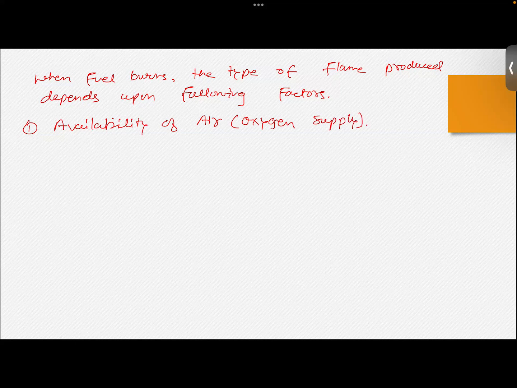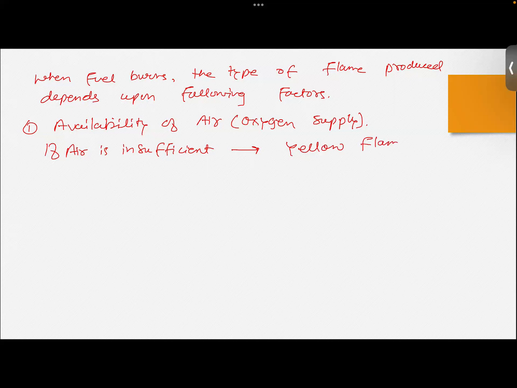If the air is insufficient, the candle, or the fuel, will give a yellow flame. If air is insufficient, a yellow flame will be seen.